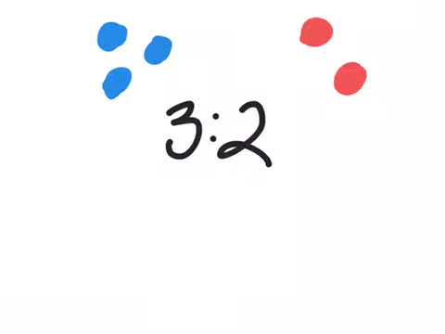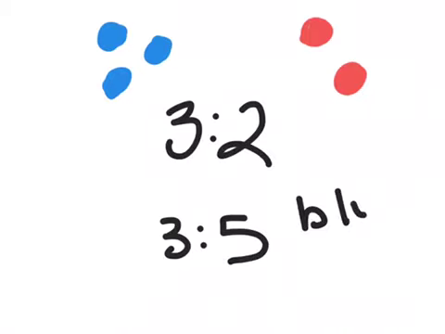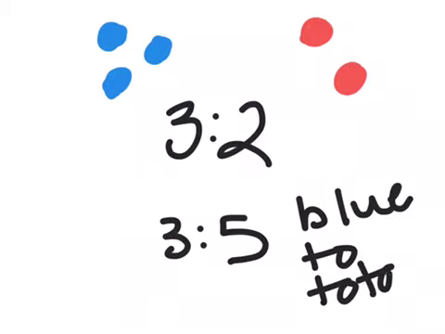But what if I say, what is the ratio of blue dots to total dots? Yes, if you said 3 to 5, you are absolutely correct. Blue to total is 3 to 5. That's blue to total dots. Yes, good. So just make sure you are very good about reading directions. It's very important.